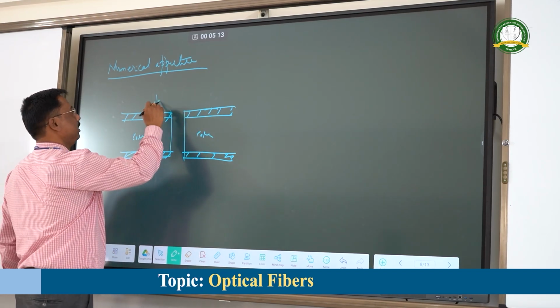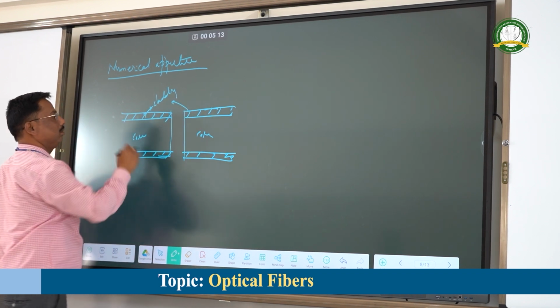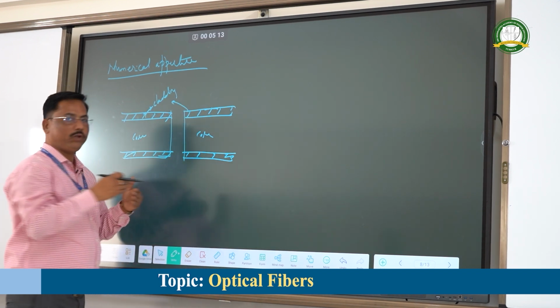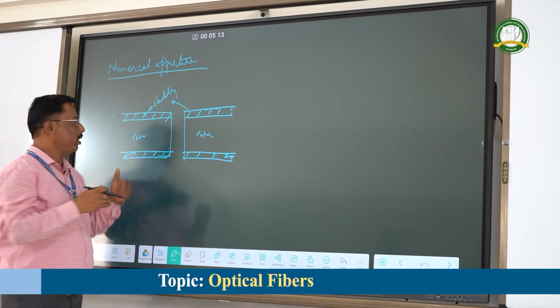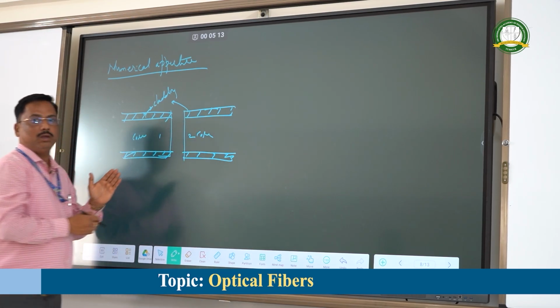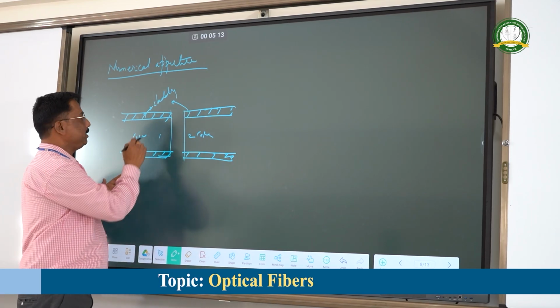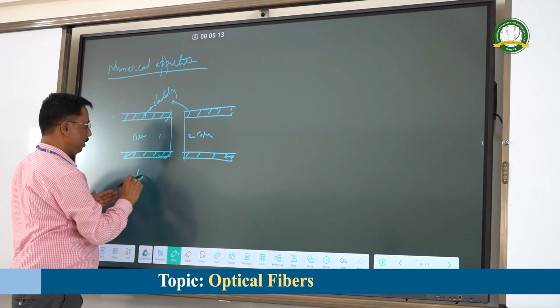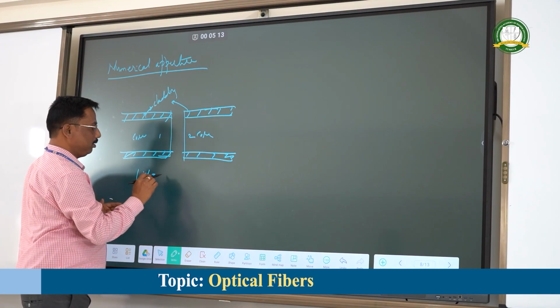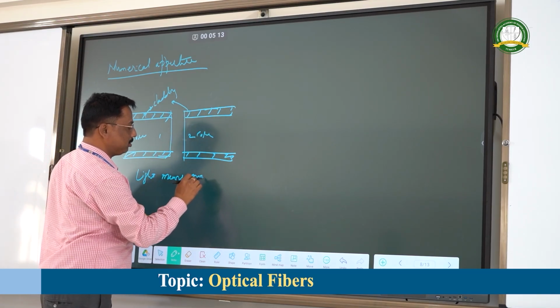This is called cladding. This is also core. When two fibers are joined, when the optical signal is transmitting from fiber 1 to fiber 2, already we know light will be propagated in the optical fiber. Light means a group of photons.